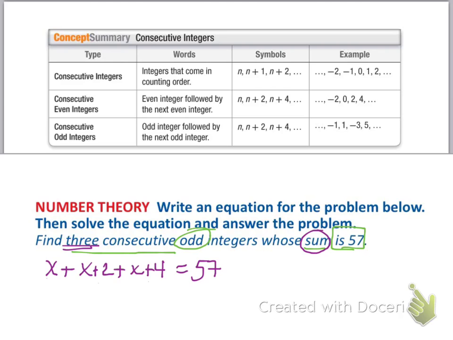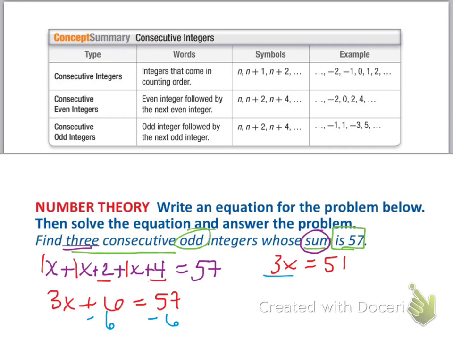Alright, so can I solve this equation? You betcha. Combine like terms. I got 1x plus 1x plus 1x. That gives me 3x. I've got 2 and 4. That gives me 6. And all I have to do is solve that equation. Subtract 6 from both sides. That gives me 3x equals 51.